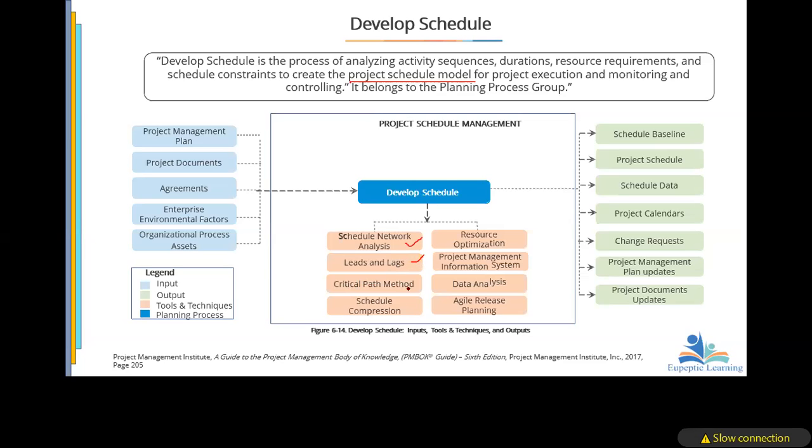The critical path method is a technique. Schedule compression is a technique. Resource optimization: the linear programming tool becomes a tool, but it can also become a technique. Then the PMIS, data analysis, agile release planning.